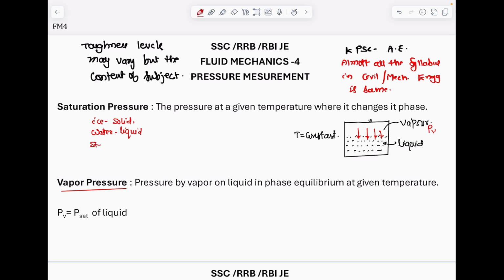Steam is there, it is vapor, steam vapor. That means H2O, the symbol of water, exists in three phases: solid phase, liquid phase and vapor phase.